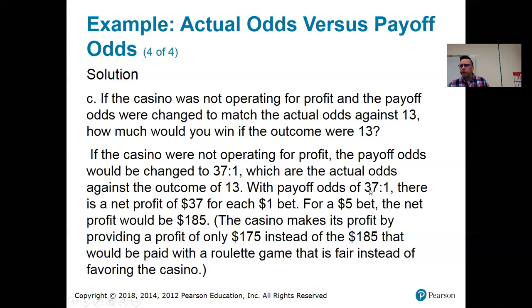So that means if they were actually paying off using these as payoff odds, a $1 bet would get you a $37 net profit. So if you bet $5, your net profit would go up to $185.